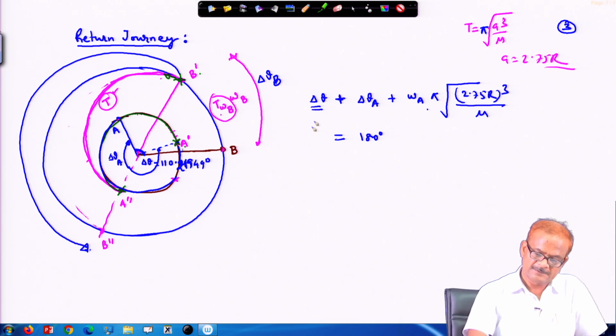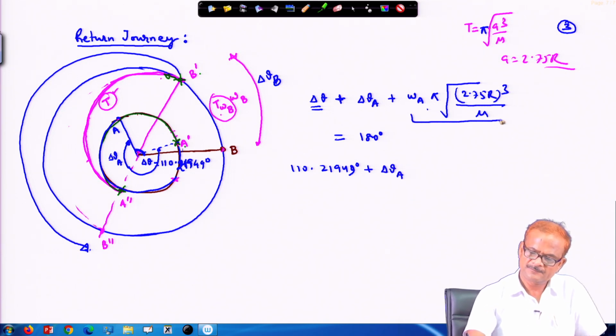Delta theta is given to us, this is 110.21949 degree. Delta theta A is not known to us, and flight time is known to us. This flight time times omega A is known to us.